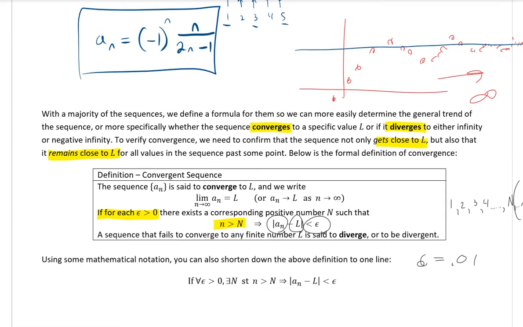Then that means somewhere along the line, the values in my sequence are so close that the distance from my proposed limit value and the values I actually have in the sequence is less than this. So they're less than just 100th away. And then I could choose any other small epsilon value, maybe 0.0001. That means somewhere along the line in the sequence, the values are even closer than that distance away.